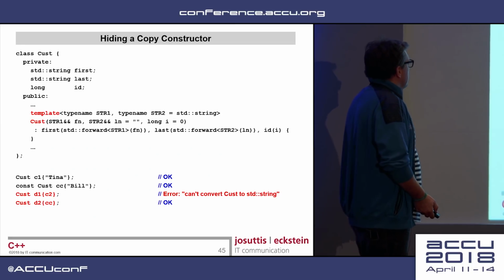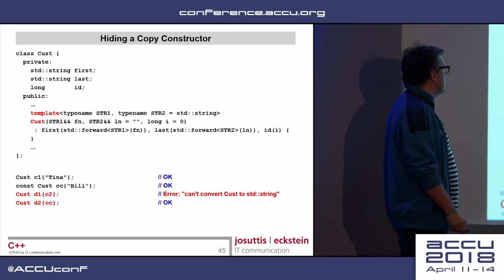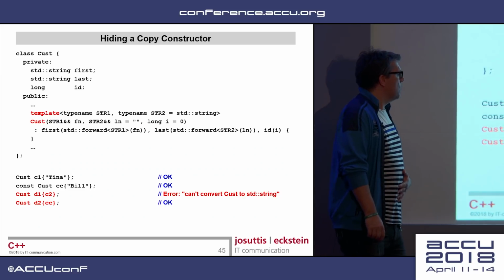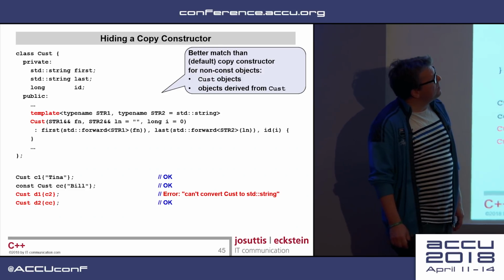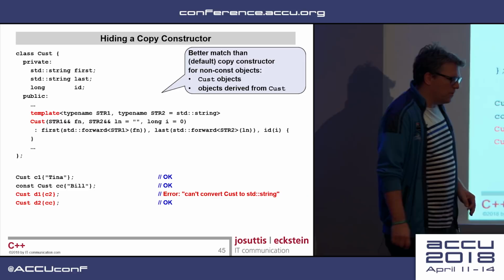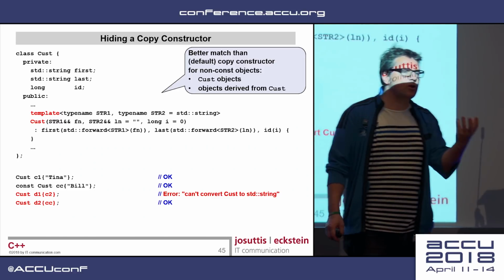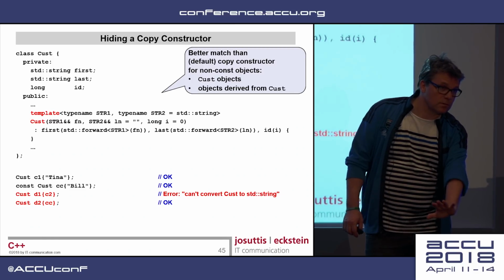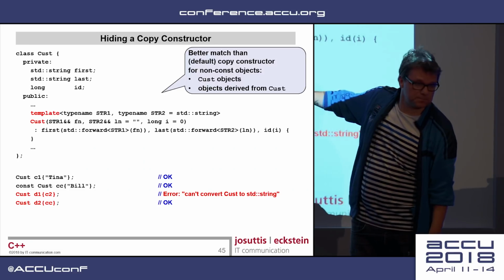So why that? Because the template is a better match than the copy constructor in the case where we pass a non-const object, because for the copy constructor you have an implicit conversion from non-const to const, and that's worse than taking the template.